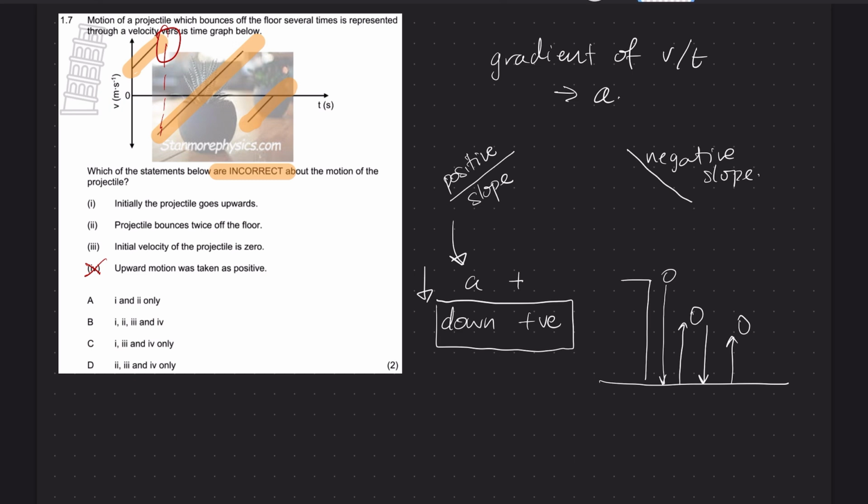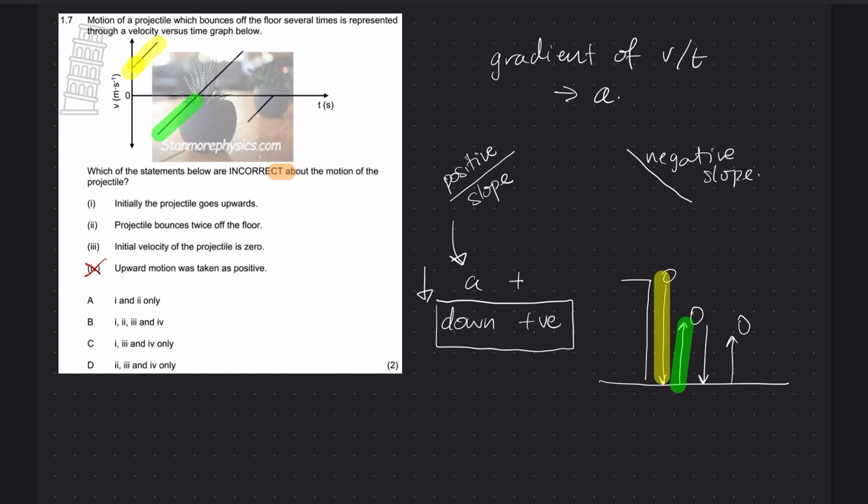Now we can color code these, so it's easy to understand. Let's use yellow. So yellow is representing this motion going down, and you can see that the velocity is increasing. Then it's returning up. So this is negative velocity, since down is positive.